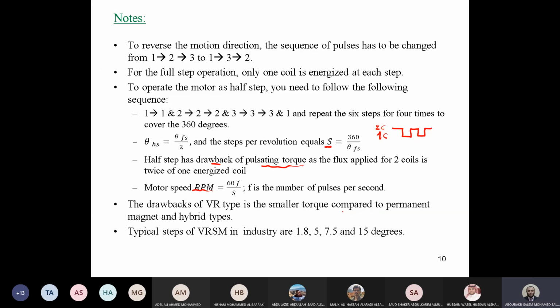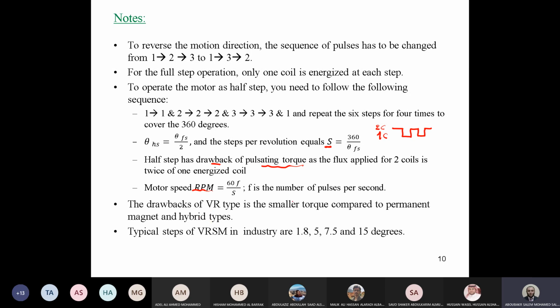For that, the torque is very small in a variable reluctance motor. However, for permanent magnet or hybrid motors, because hybrid combines the advantages of variable reluctance and permanent magnet, the torque values and flux are strong, or high compared to the variable reluctance one.